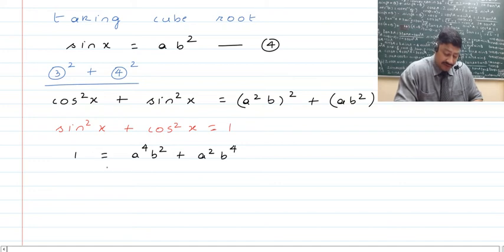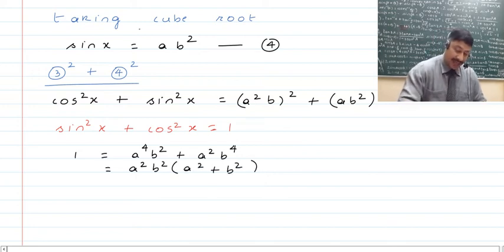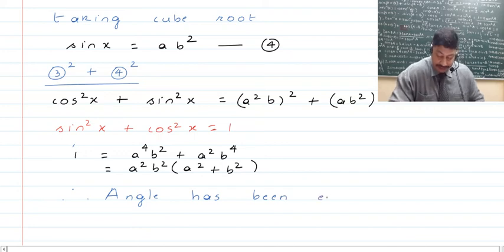And here we can further take a square b square common outside, and then we have a square plus b square inside, and here you can say that theta, that is, the angle, has been eliminated. So this is what had to be done in this pair of equations.